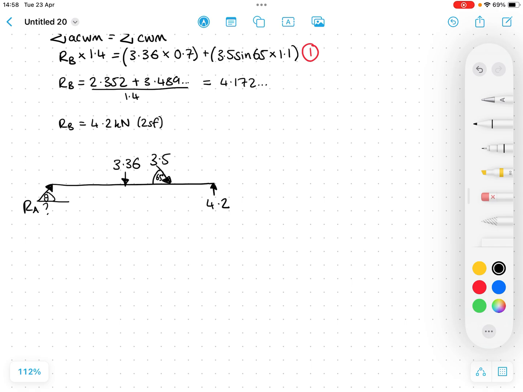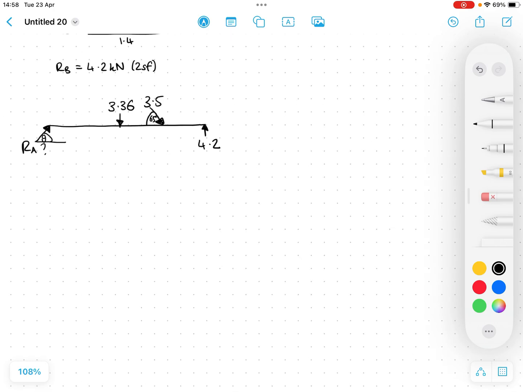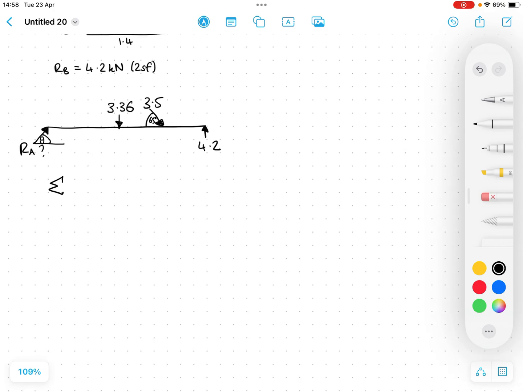So if I'm resolving vertically, that'll be a slightly more straightforward one to do first. I know that the sum of my vertical forces has to be equal to 0. So the sum of what's going up has to be equal to the sum of what's coming down because my beam is in equilibrium. So that means that I've got the vertical component of A added to 4.2, the reaction force at B, is equal to 3.36 added to the vertical component of the 3.5 kilonewton force at the angle.